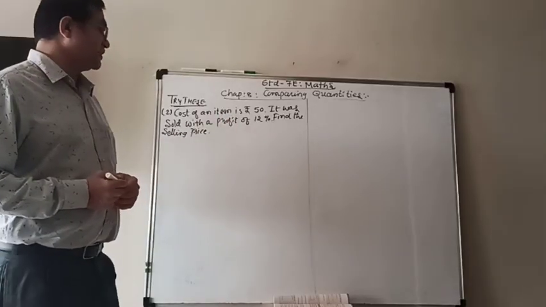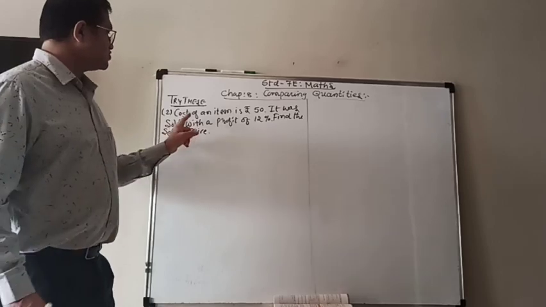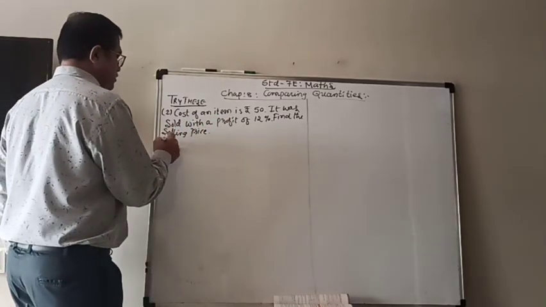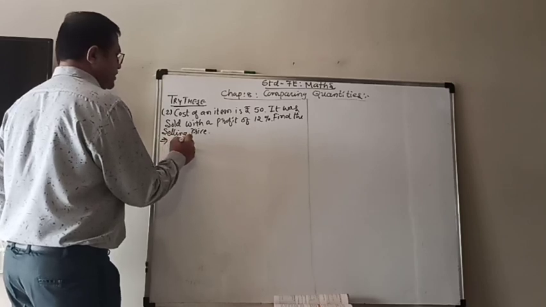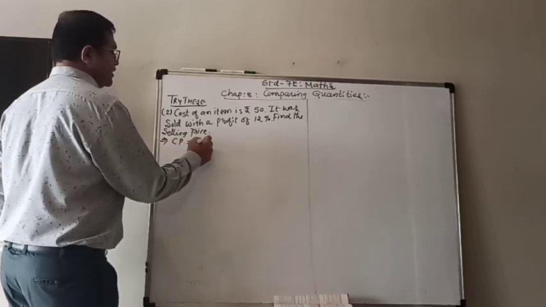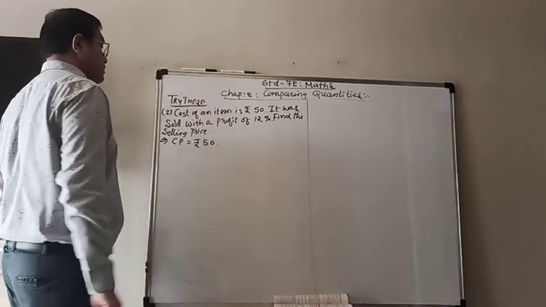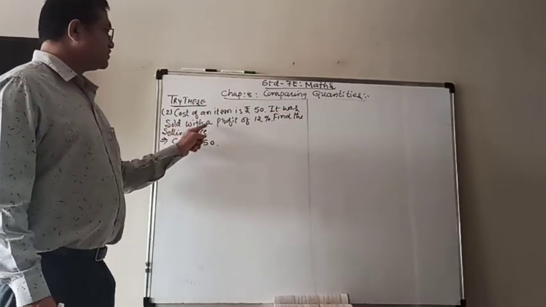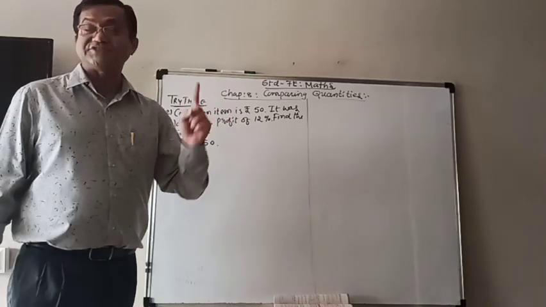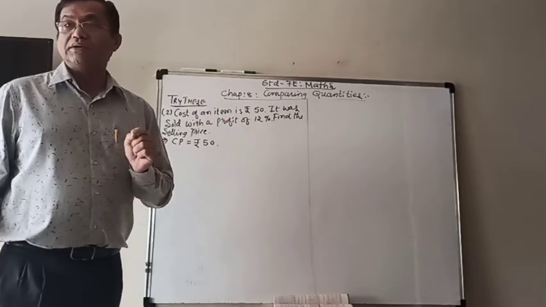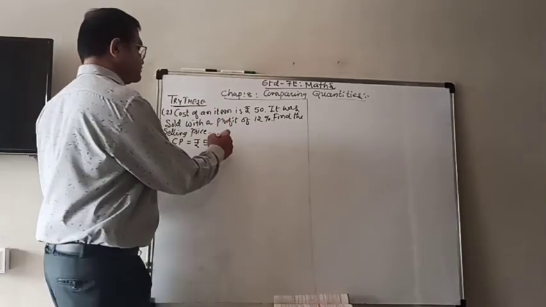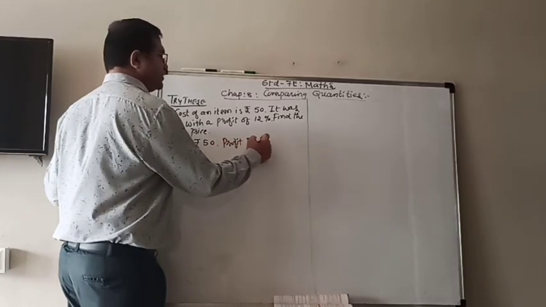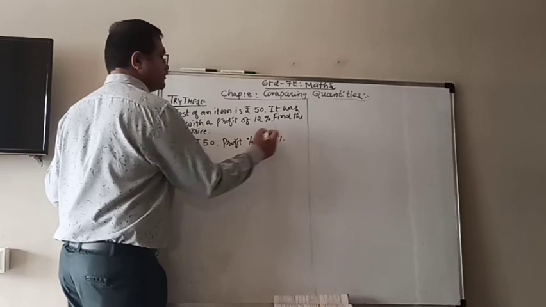Now the second sum. Cost of an item is rupees 50. So CP is given as rupees 50. What else is given? It was sold with a profit of 12%. Means here profit percent is given. Profit percent is 12% given.